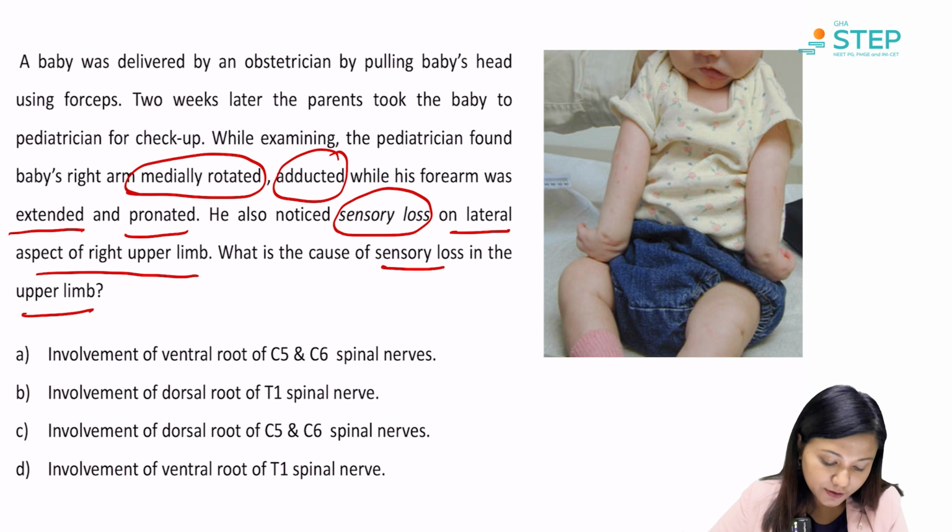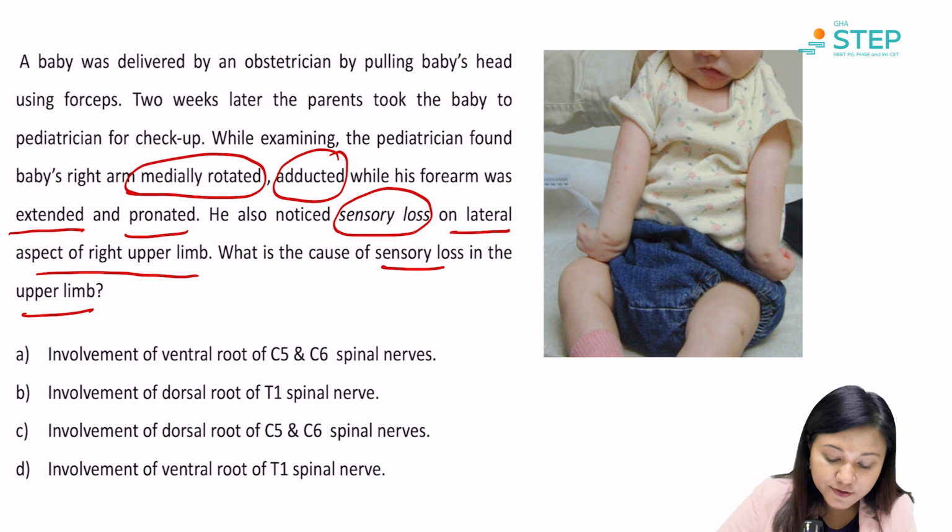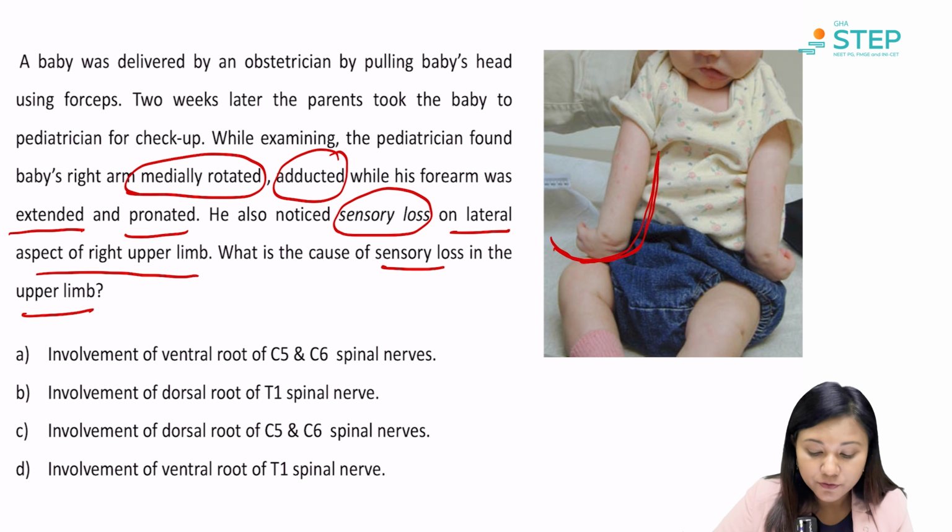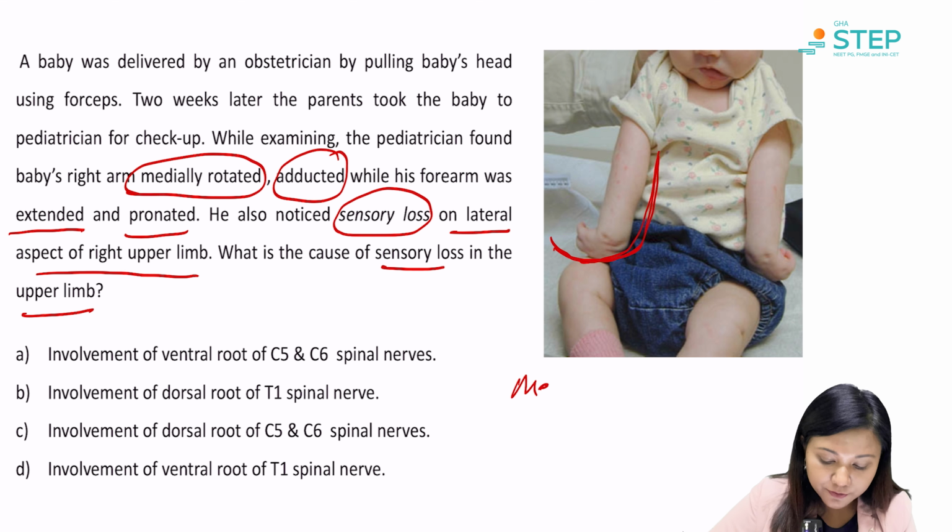So they have given involvement of the ventral root of C5 and C6 spinal nerve, the dorsal root of T1 of spinal nerve, again the dorsal root of C5 and C6, and the ventral root of T1. So if you see this typical sign, this is your medially rotated, adducted arm, right?